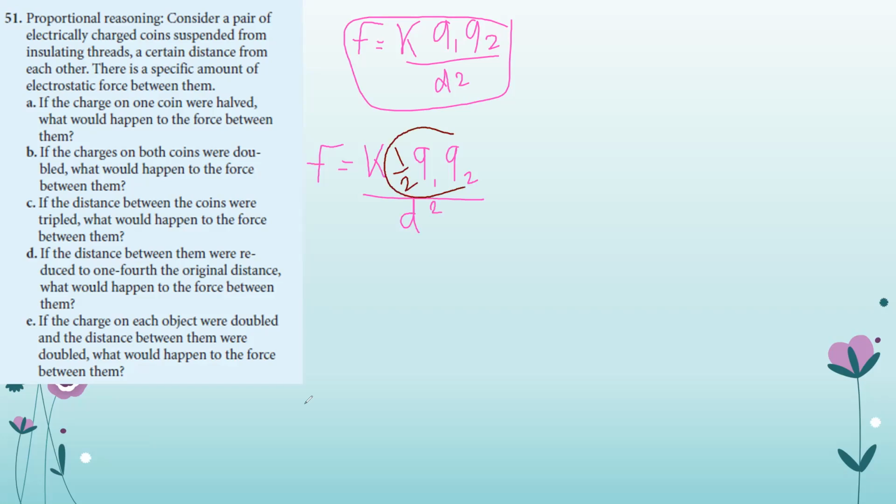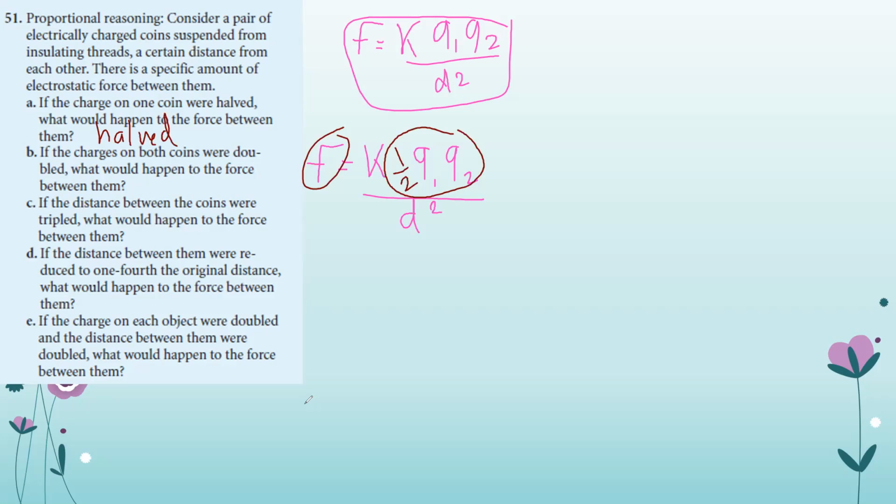What is the relation between the product of charges and the force? Teacher, the Q is halved. Half, yes. Half Q1 Q2. What will happen with the force? It will be halved. Yes, the force will be halved. Because teacher, the K cannot be halved. It's a constant. Right. So A, it will be halved.